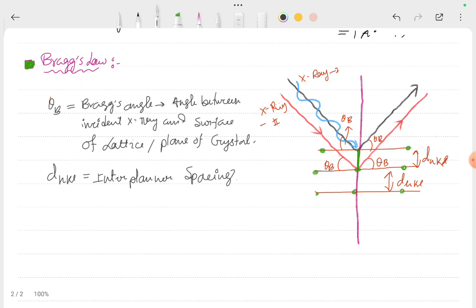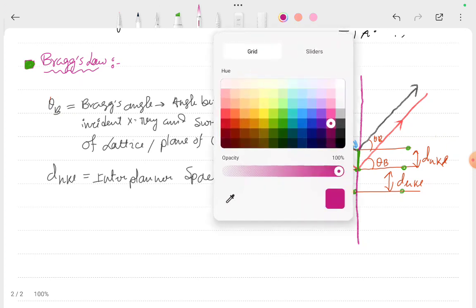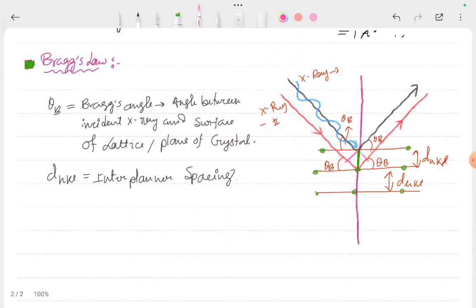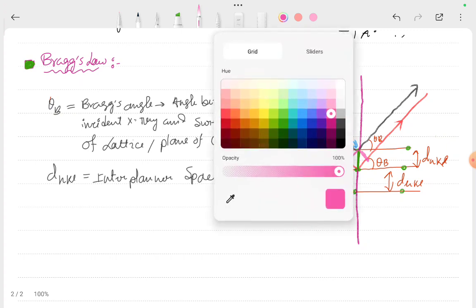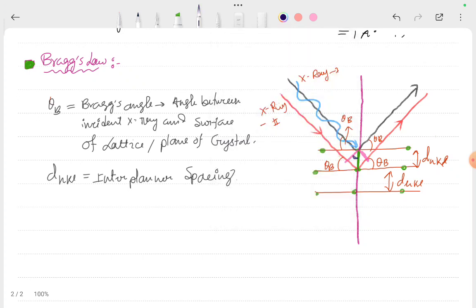Now let's draw a perpendicular. So now these angles are also theta B. This is your homework: how is this angle theta B?